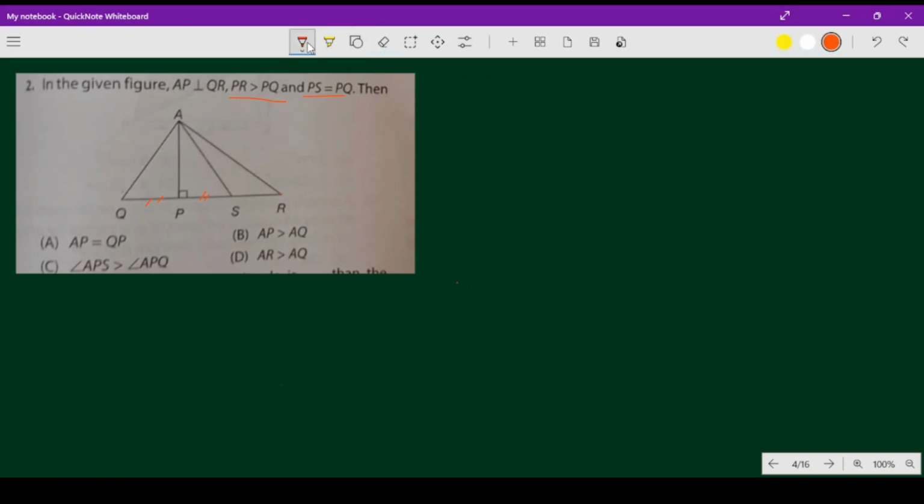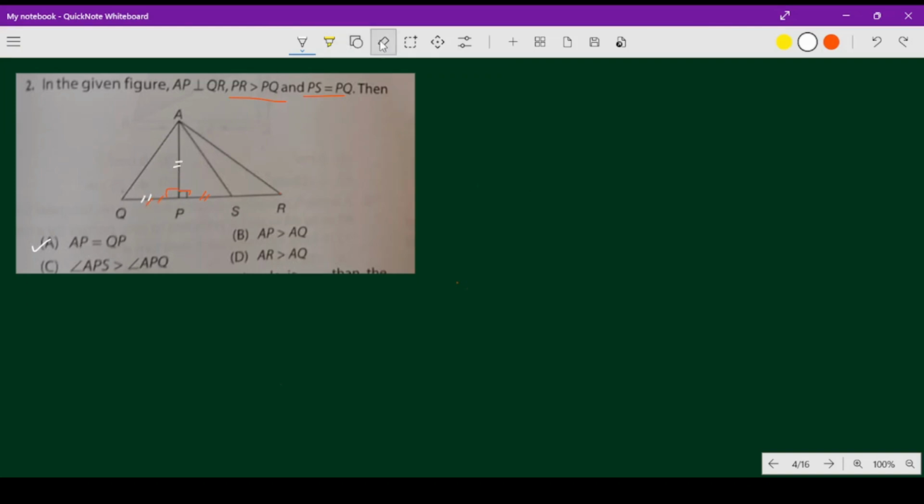So if we see options A, B, C, and D, as this is an altitude, this is 90, this is also 90. So APQ is a right angle triangle. Now this option is asking whether AP and QP are equal.